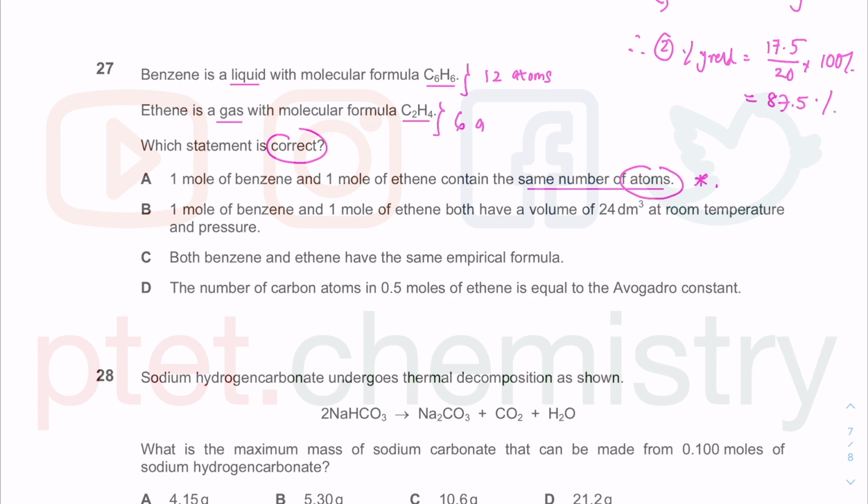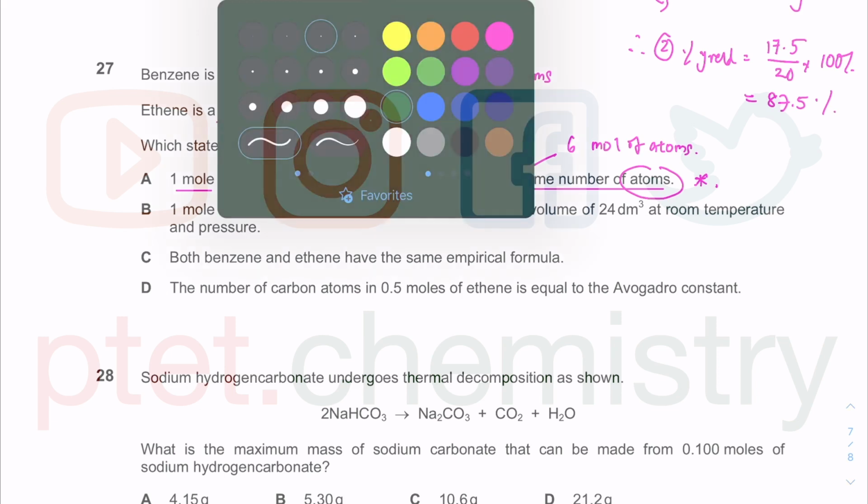Here you have 2 carbon and 4 hydrogen, 2 plus 4, you have 6 atoms. If you have 1 mole of benzene, then you will have 12 moles of atoms, which include carbon and hydrogen. If you have 1 mole of ethene, then you will have 6 moles of atoms. So they do not have the same number. Same number is totally wrong.